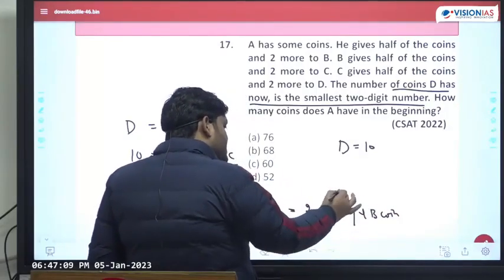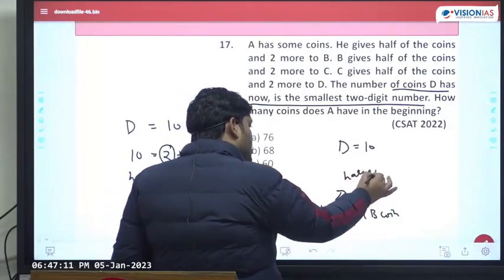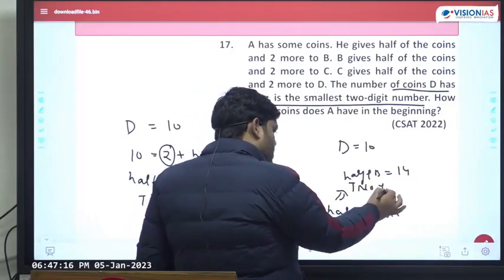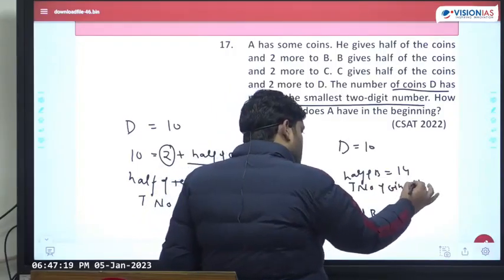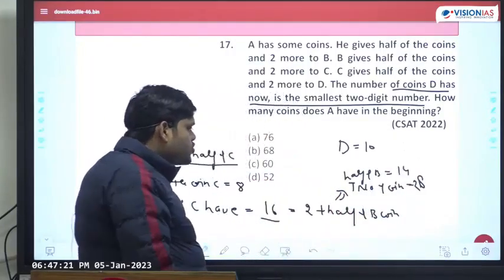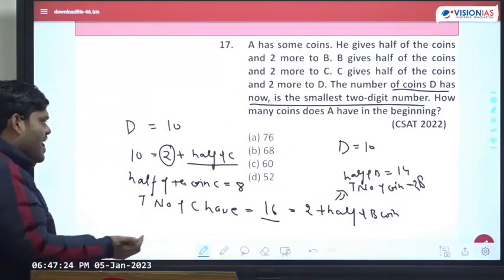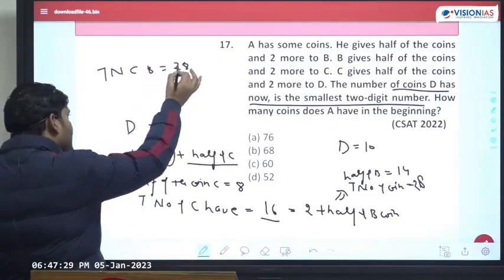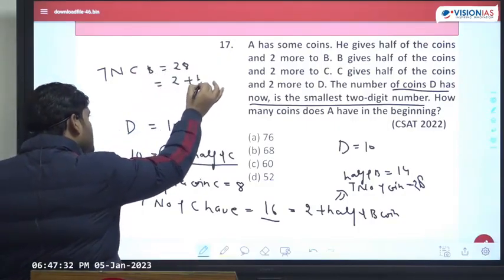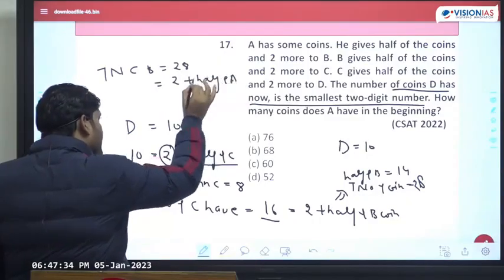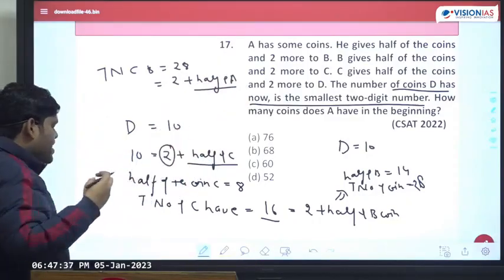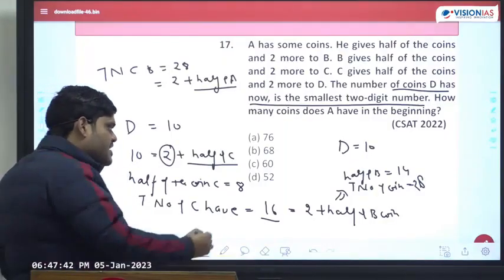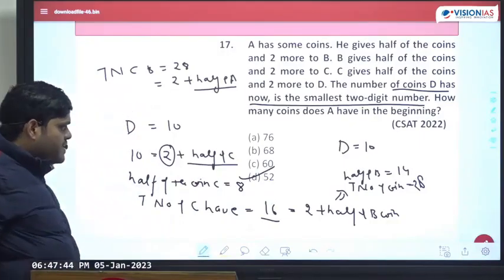So from here we can say that half of B's coins is 14. So the total number of coins B has is 28. Again, the total number of coins B has is 28, and this is equal to 2 plus half of A's coins. So from here half of A's coins comes as 26. So the full number is 52. So the correct answer is D, which we can solve very easily.